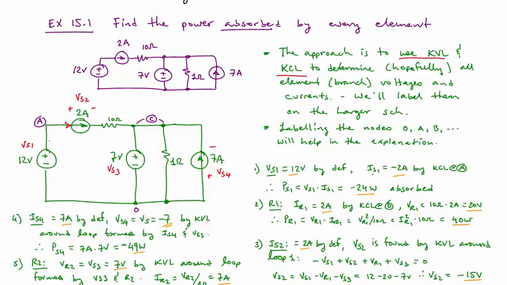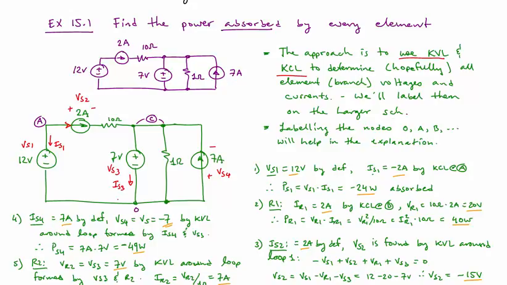That's also why I'm going to label IS1 as pointing down into the positive terminal of the 12 volt source, and why I label IS3 as pointing down into the positive node of the 7 volt source.